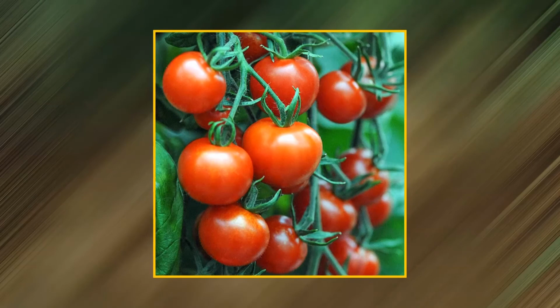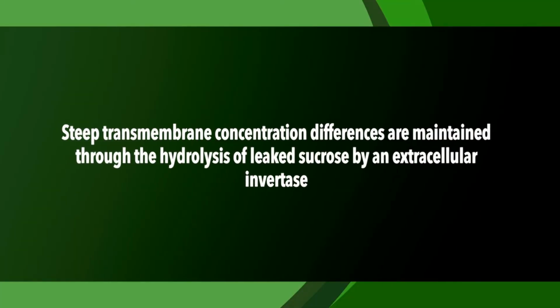In tomato fruit, the steep transmembrane concentration differences are maintained through the hydrolysis of the leaked sucrose by an extracellular invertase. In contrast with the axial phloem, efflux is optimized by a reduced capacity of the vascular tissues to retrieve sugars leaked to the fruit epiplasm.